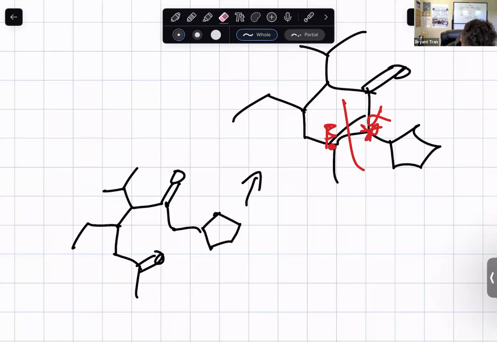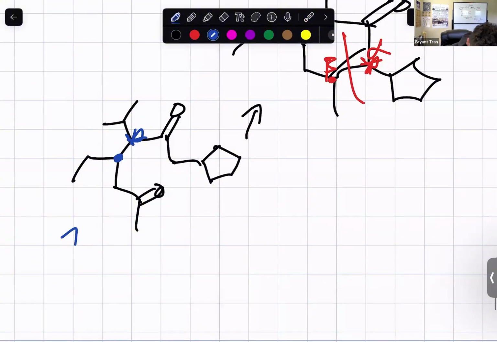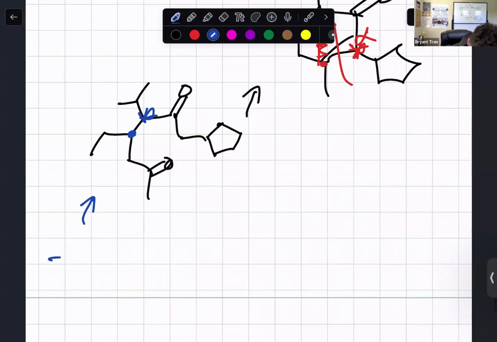Now let's say if this is the star right here, this has to be the beta carbon, right? If this was the star right here, this has to be the beta carbon. So there's actually multiple different reactants that we can create from here, right? This could be the star, this could be the dot, creating these as the reactants for Michael addition, right?